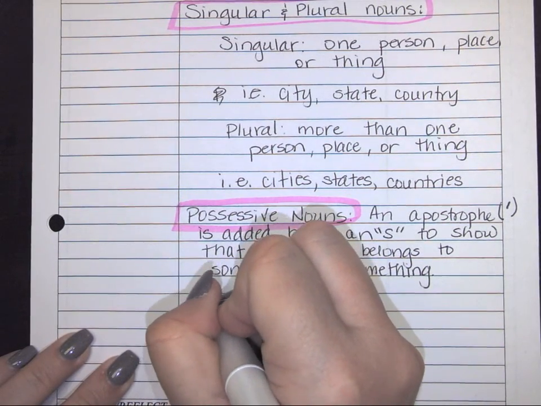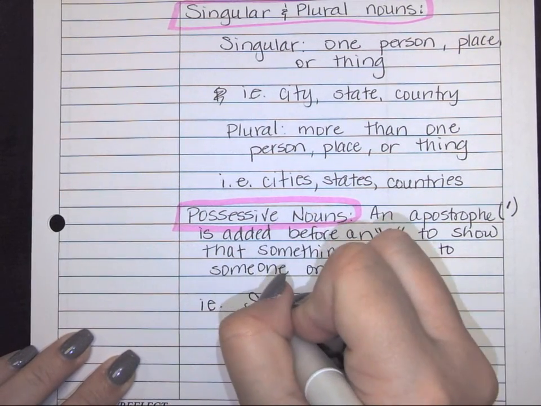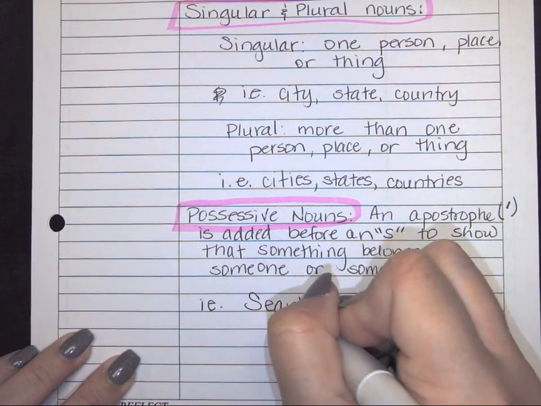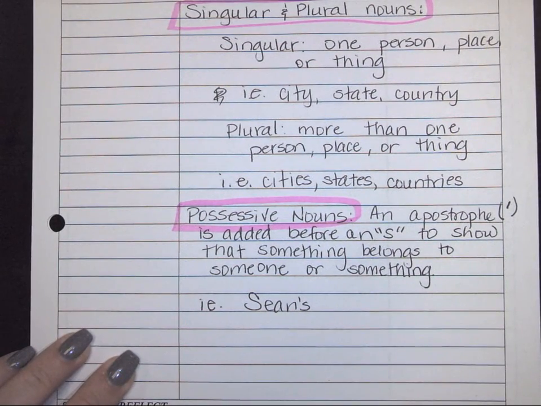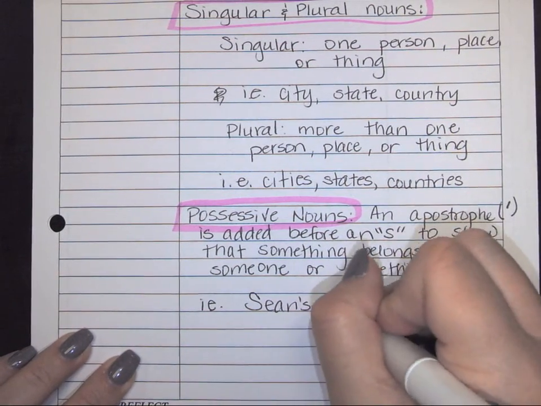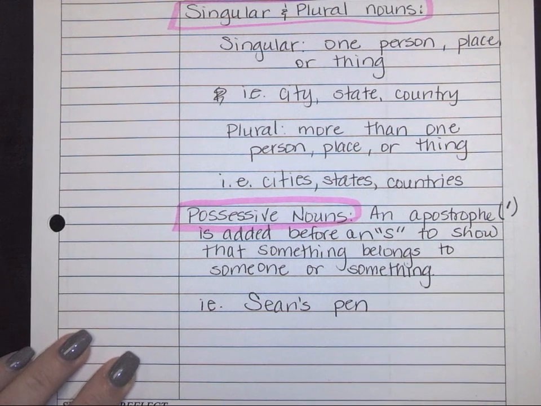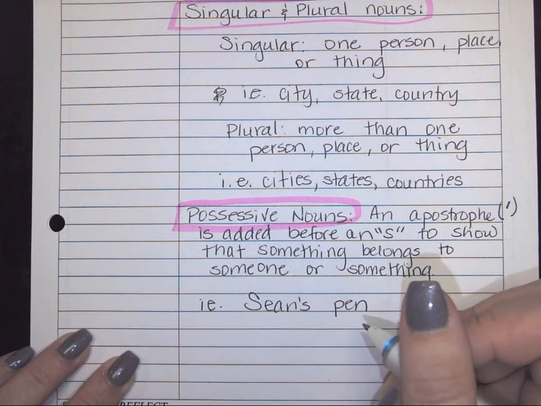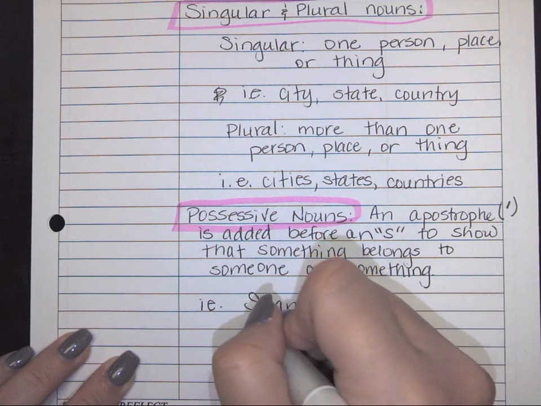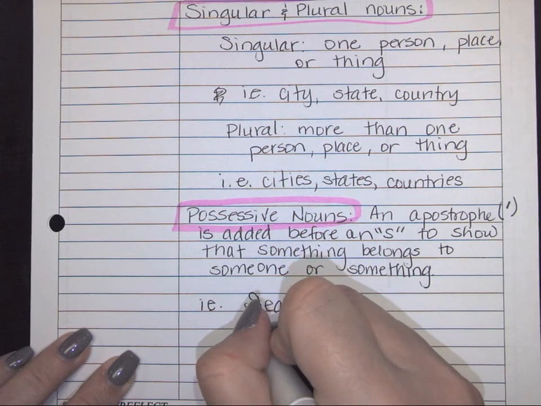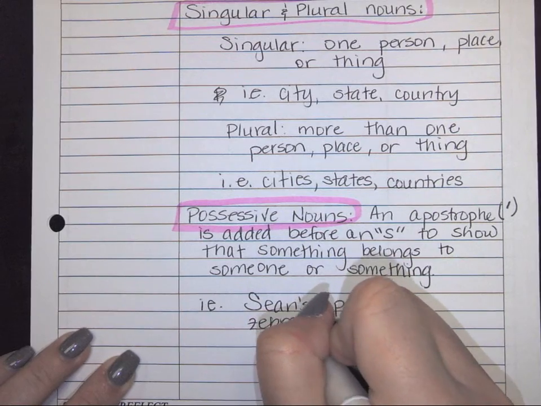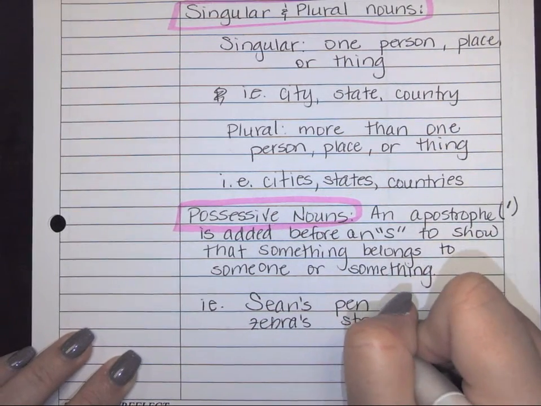For example, Sean's pen. Or the zebra's stripes.